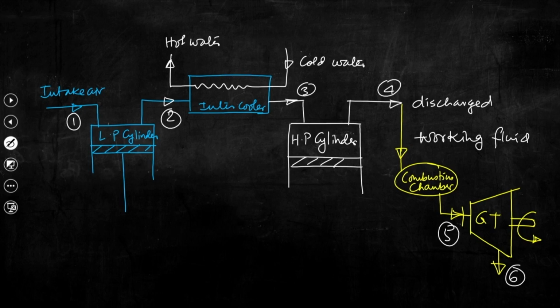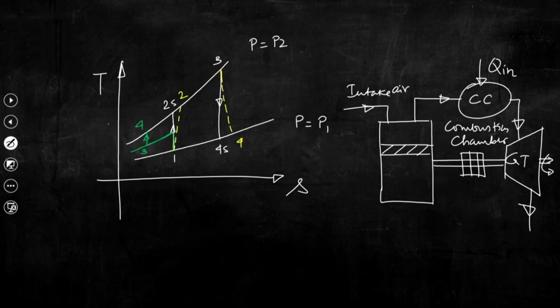We are assuming that the pressure rise of the working fluid at the end of the second stage of compression is equal to the rise in pressure by the single stage compressor. So, you can see that we could develop pressure from P1 to P2 by using these two different stages.